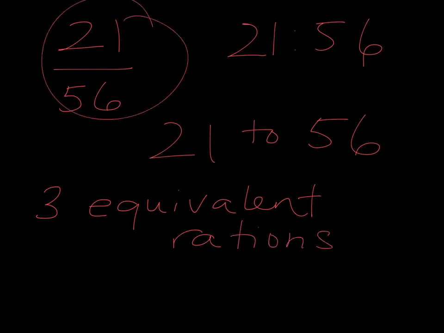Again, you can multiply those two numbers by any number as long as you multiply the top and the bottom by the same number. Or you can divide. You can divide the top number of the ratio and the bottom number by the same number. Okay? So you can either multiply or divide, to get equivalent ratios.